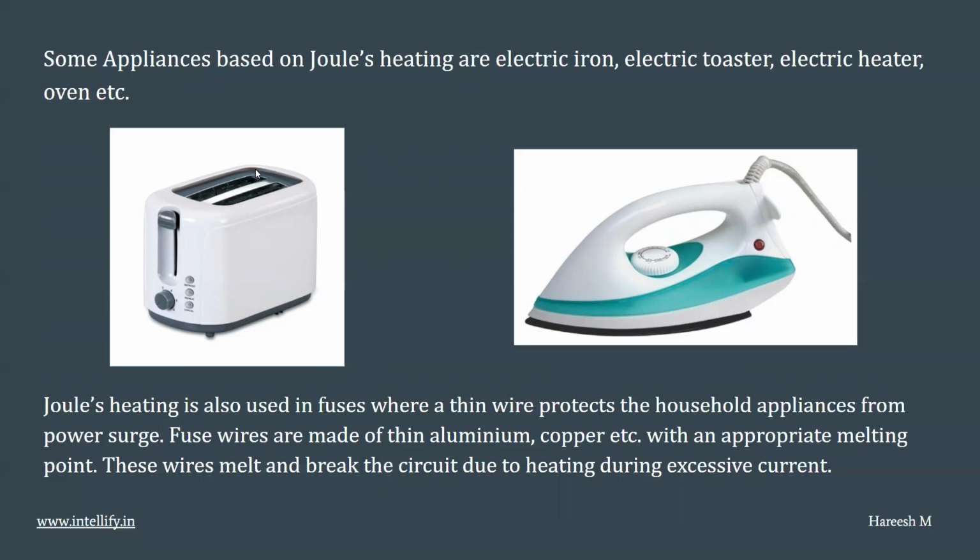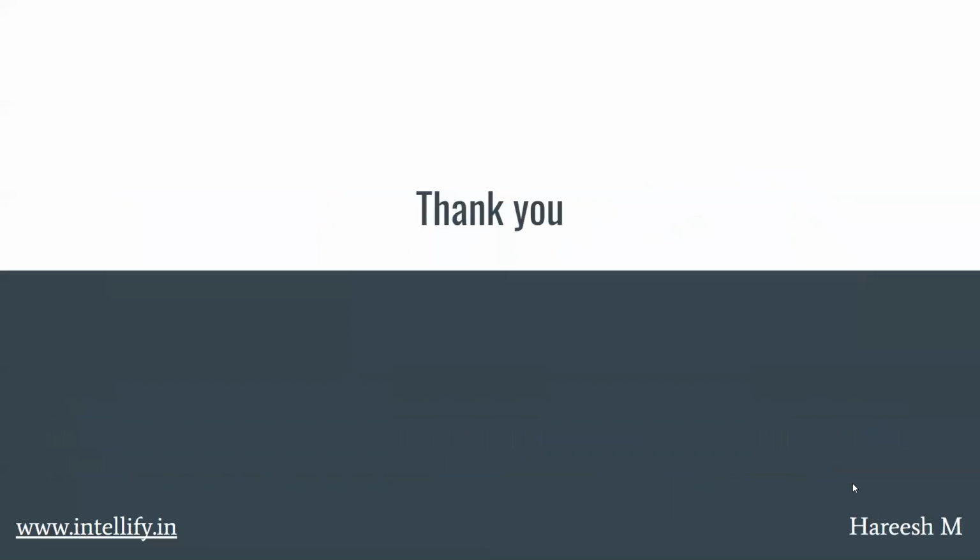These fuse wires are always made of thin aluminum, copper, etc. They melt and break the circuit due to heating during excessive current, so the current won't flow and it won't be harmful for your house or your devices. Okay, thank you.